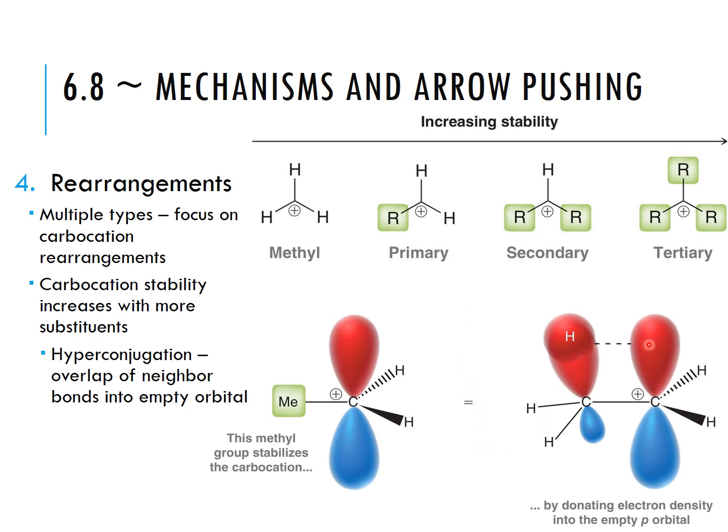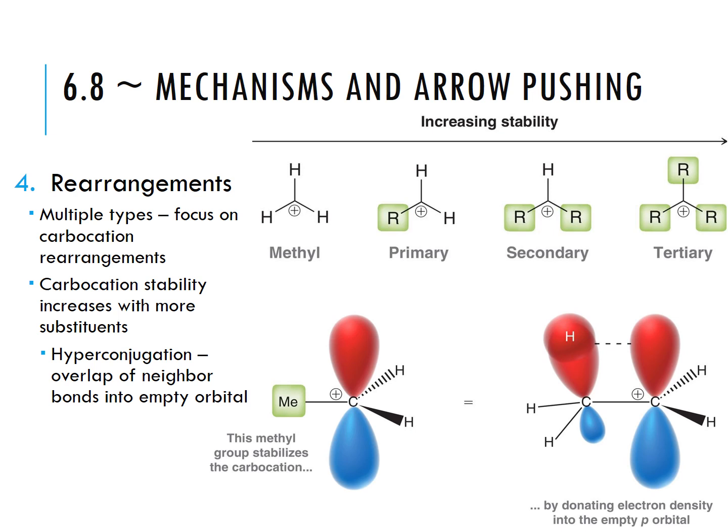So we've used that word a couple times before. Really, it just means that when there's extra bonded electrons available, they can overlap into that empty p orbital that our carbocation would have. So when we have more things bonded to our carbon, there's more electrons that can do that overlapping.